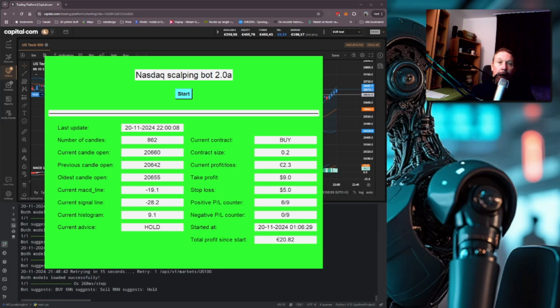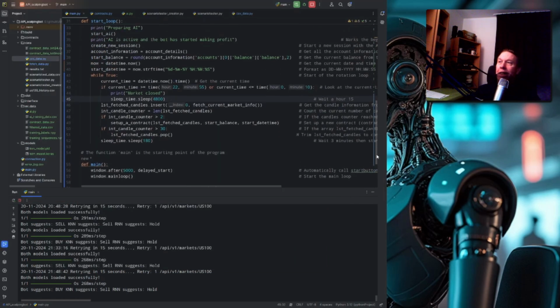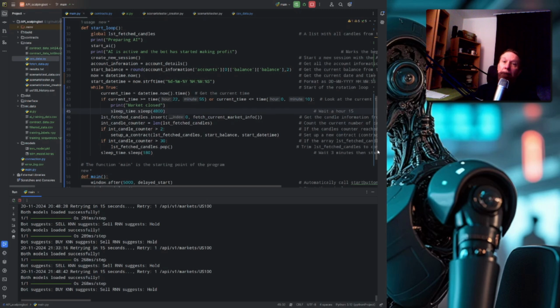I think that's going to be a short one today, shorter than usual, because sometimes there is nothing to report. Well, let's start with the first point of order. What did I change to the bot? I changed something enormous.